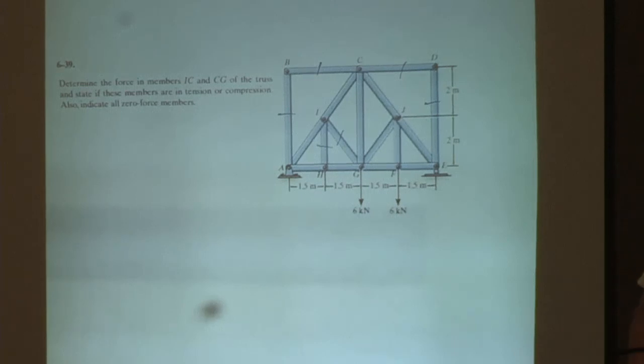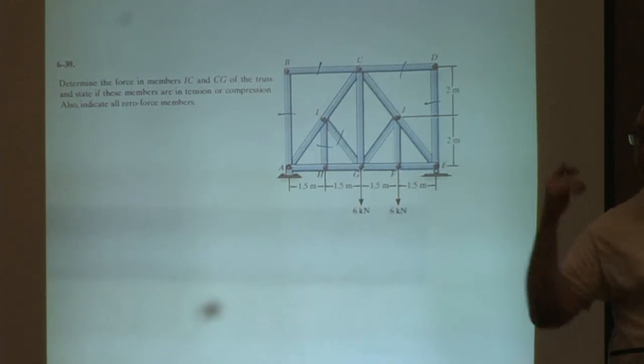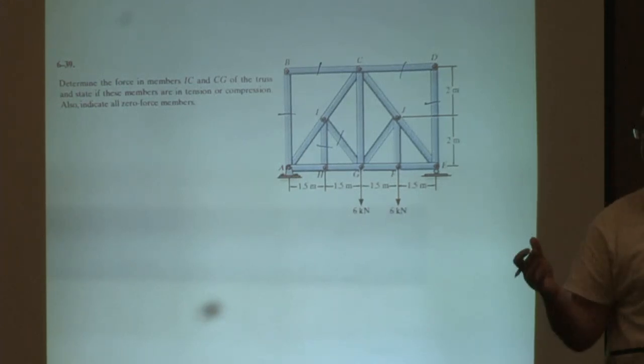Yeah, I struggle with the zero force members sometimes, even now. It's really intuition based, whether you can tell right off the bat or not. If not, you can start doing joints and sections, and then they'll obviously pop out as soon as you start doing your analysis. All right.